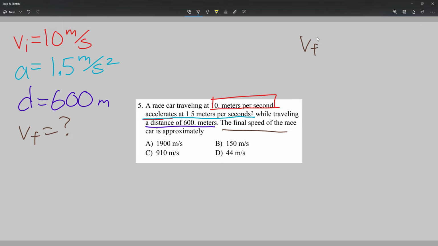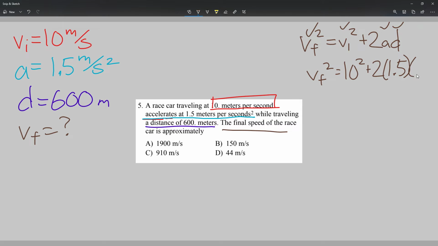We're going to use this formula, because that has everything you need. You have VF, VI, A, and D. So VF squared is equal to 10 squared plus 2 times 1.5 times D, 600.